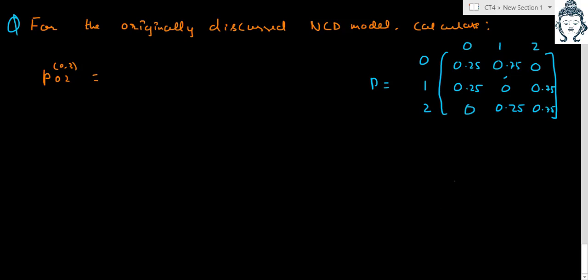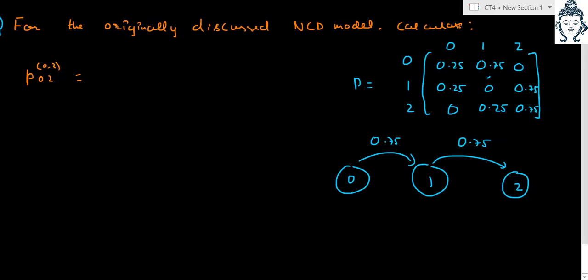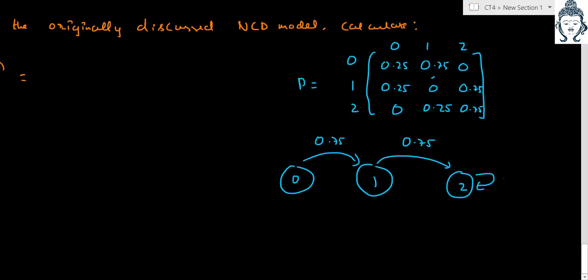Let's also draw the transition diagram. So the transition diagram looks somewhat like this. You were at 0%, then in state 1, that is 25%, and then state 2, 40%. So getting from 0 to 1 was possible, and it had a probability of 0.75, that is not making a claim. All the forward arrows are not making a claim, and thus they are 0.75. 1 to 2 was also 0.75, and then you could stay in 2, so that was also 0.75.